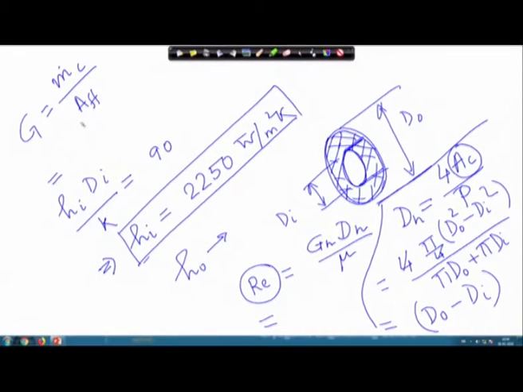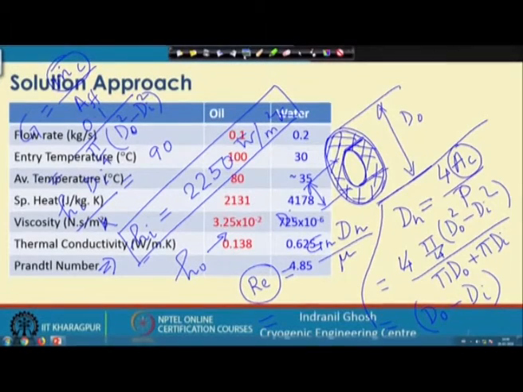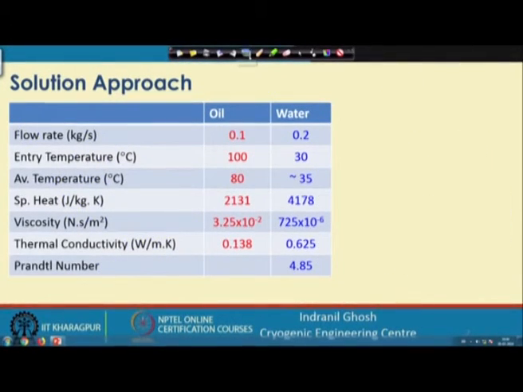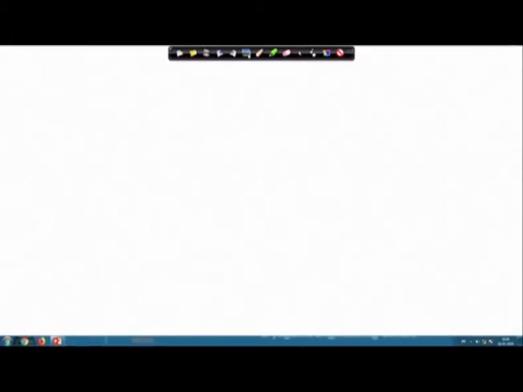You will be able to find that as pi by 4 (d_0 square minus d_i square), and this cold fluid mass flow rate is 0.1 kg per second. With these values, if we estimate the Reynolds number, it becomes 56 for that annular space.